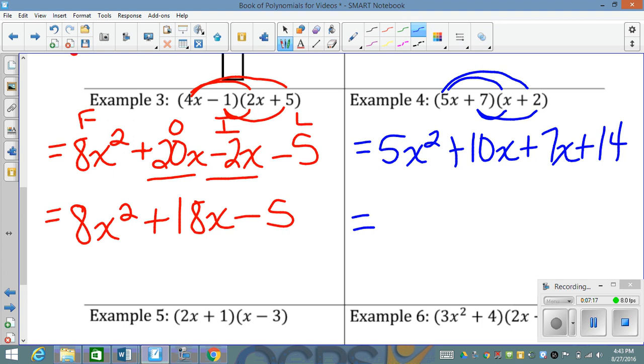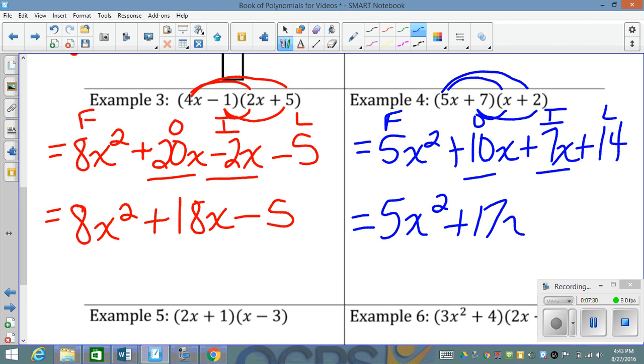So there's my first, outer, inner, last. Once again, my 2 middle terms are like terms, so I can combine them. 10 plus 7 is 17. And my final answer, after multiplying 5x plus 7 times x plus 2, is 5x squared plus 17x plus 14. I cannot go any further because they are not like terms.